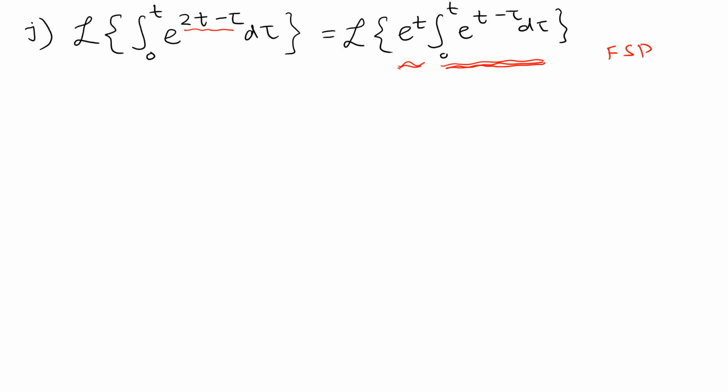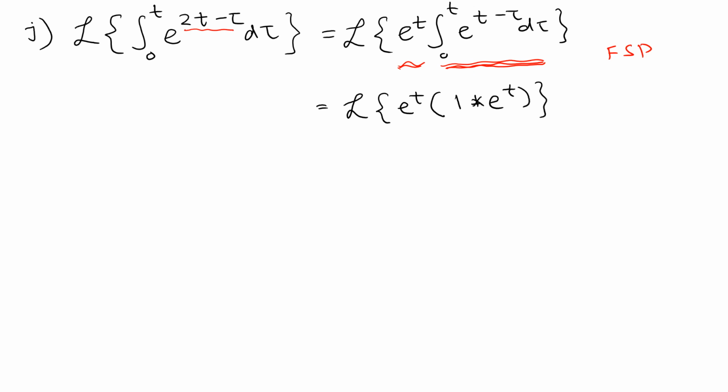So the next line, you can write this as the Laplace transform of e to the t times the convolution, a convolution of 1 and e to the t, as last time. So that's for the previous problem.